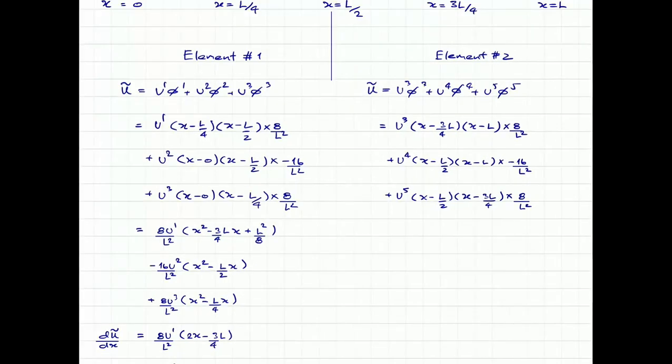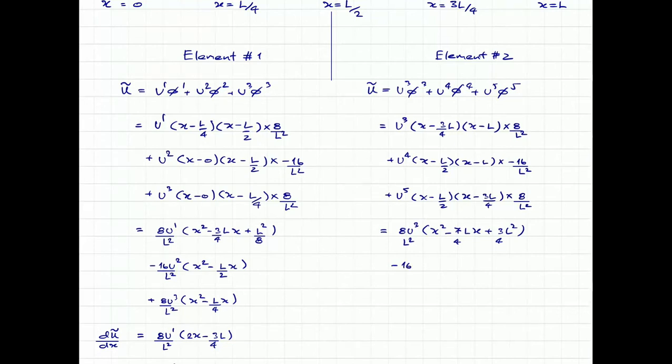And that's going to make 8u3 over L squared times x squared minus 7/4 Lx plus 3/4 L squared.